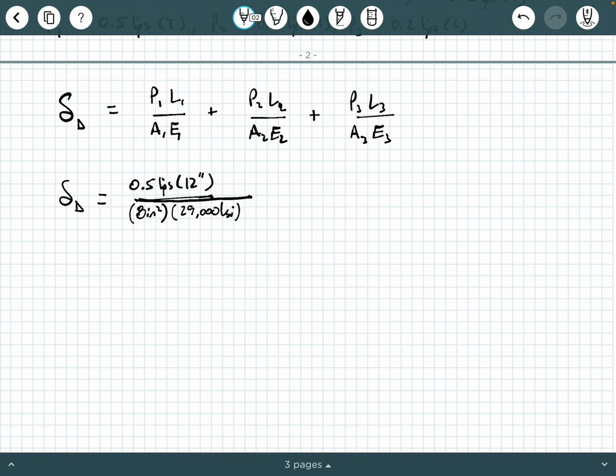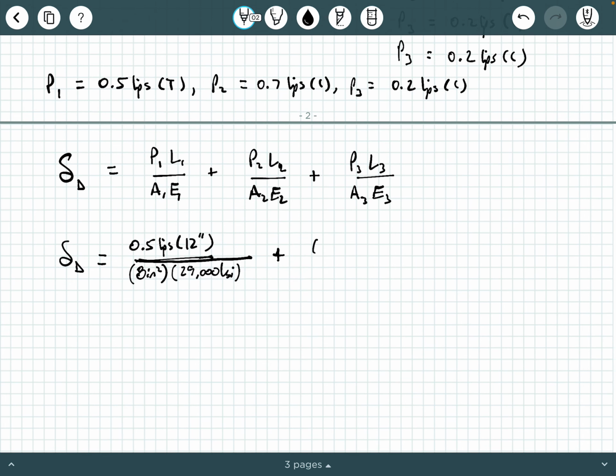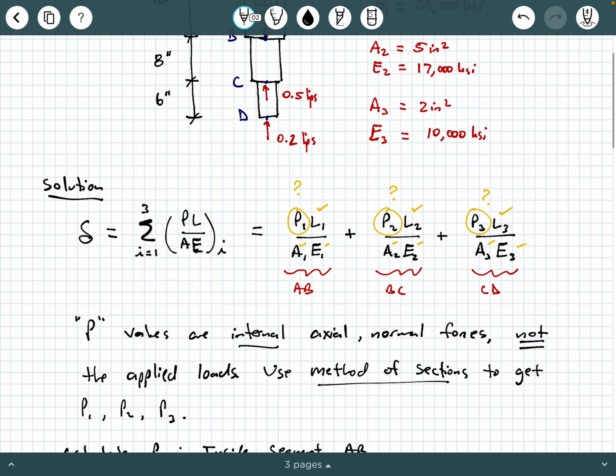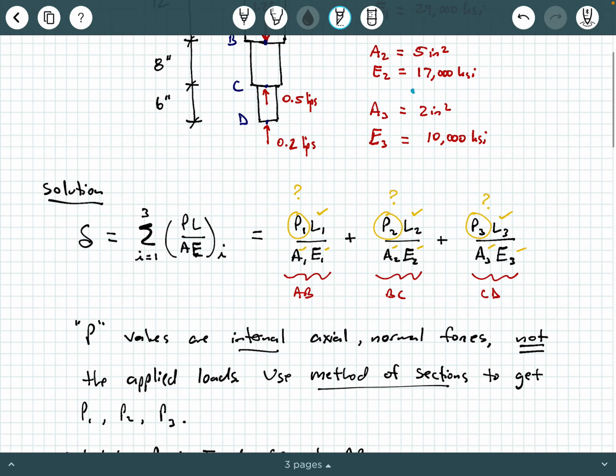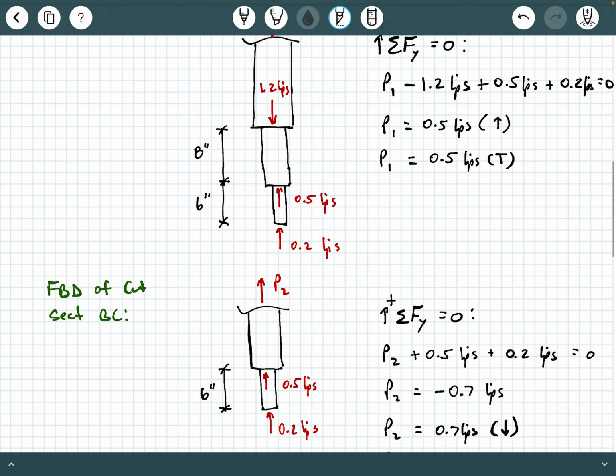Check those units, make sure we have consistent units, plus negative 0.7 kips. That negative is manifesting itself because that's a compressive effect, times 8 inches, all divided by A2 E2, again given in the problem statement, 5 square inches and 17,000 KSI.